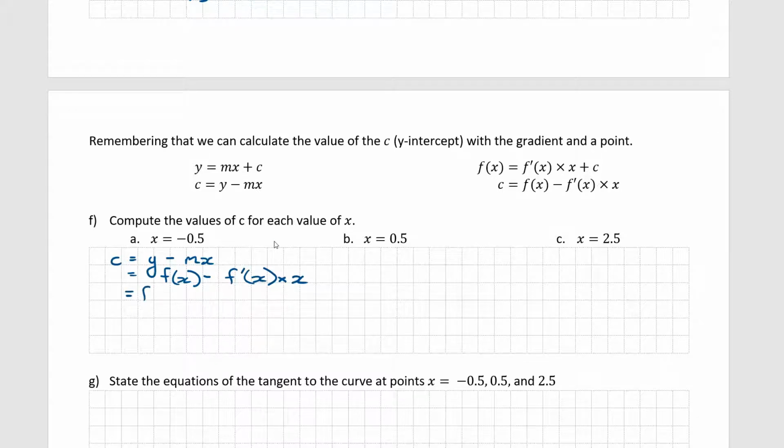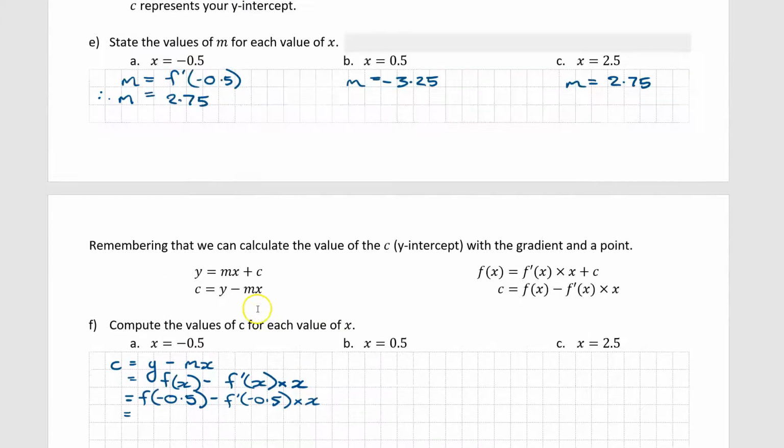And for, say, negative 0.5, once again, we've already calculated those values. So we're simply going to sub in the values of f of x, f dash of x, and x for the value of negative 0.5 for x.